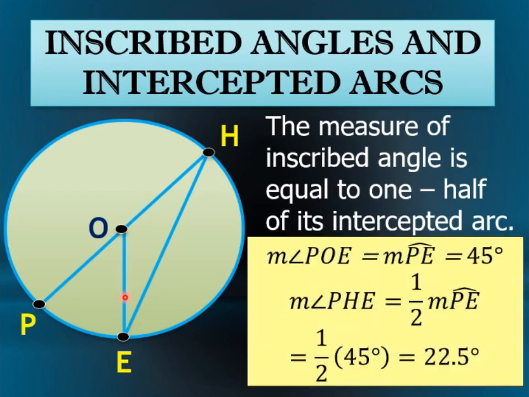If the measure of angle POE, which is a central angle, is equal to arc PE, which is equal to 45 degrees, the measure of the inscribed angle PHE is equal to 1/2 the measure of its intercepted arc PE. So we have 1/2 times 45 degrees is equal to 22.5 degrees.